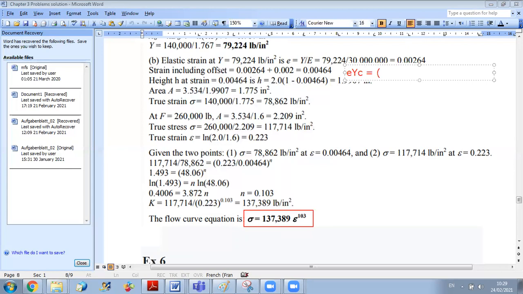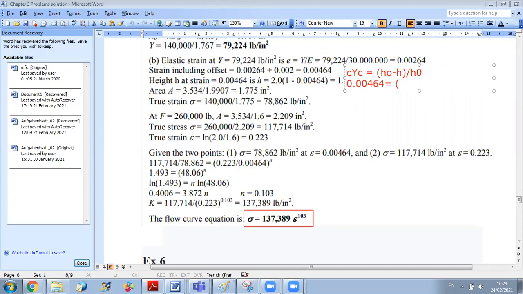So it is H0 minus H over H0. So here you have calculated the value of epsilon yield. The value of epsilon yield is 0.00464, equal to, H0 is given, it's equal to 2.